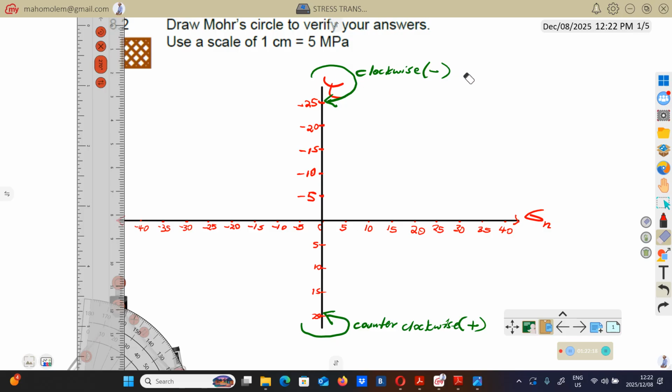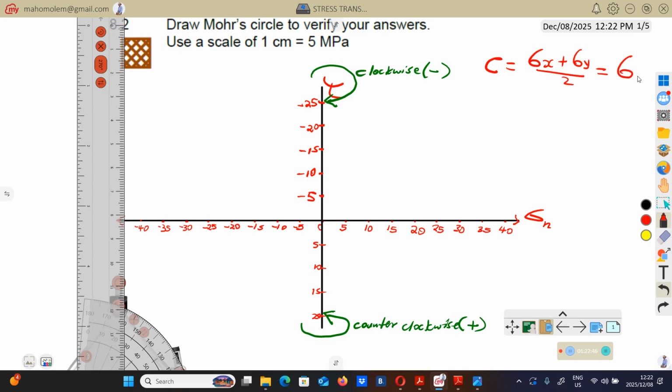So first of all, we can find the center of the circle that we're going to draw. The center of the circle will be given by this formula: C equals normal stress on X face plus normal stress on Y face, divided by 2.